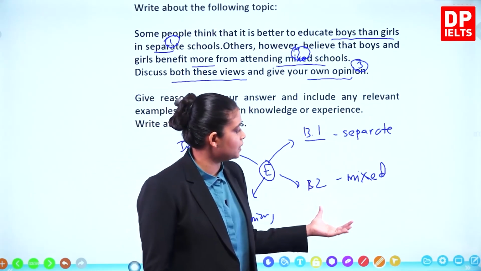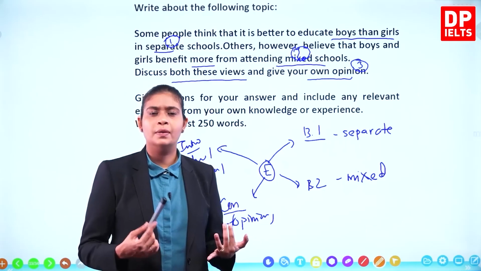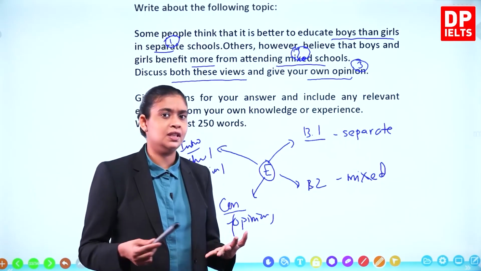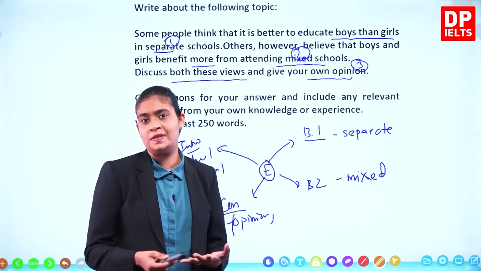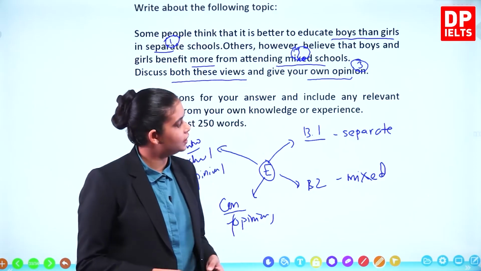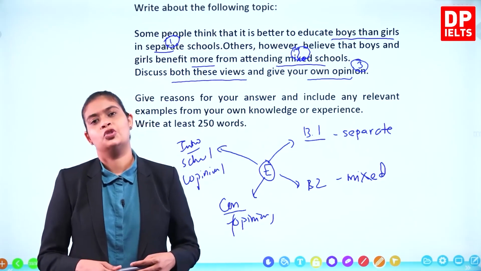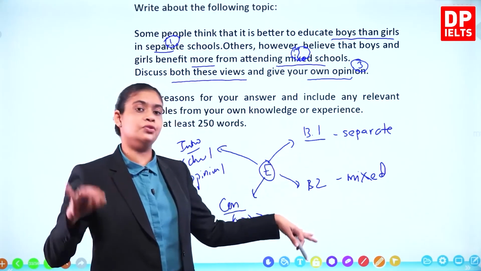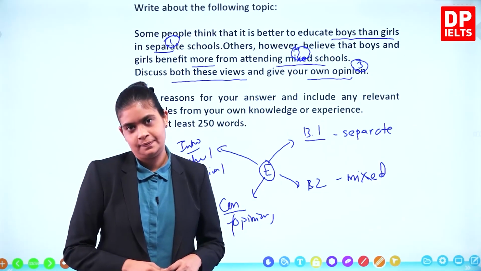Whereas if you go to a mixed school, you get to meet both genders, and they build up their personal skills better, okay? Some parents can think like that. It's good to mingle with the same age, opposite sex as well. It's good, right? So you could think about different reasons and then jot down the answer. So intro, body 1, body 2, and then the conclusion, you also need to put up your opinion.